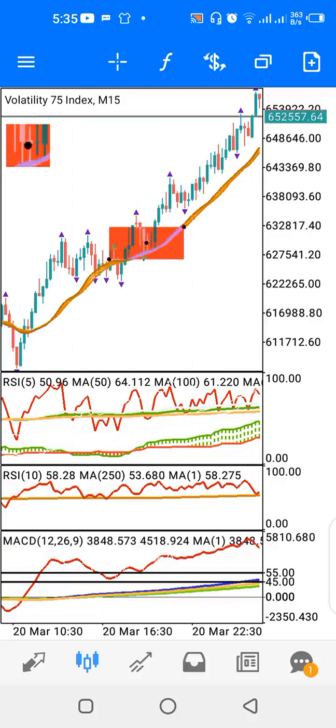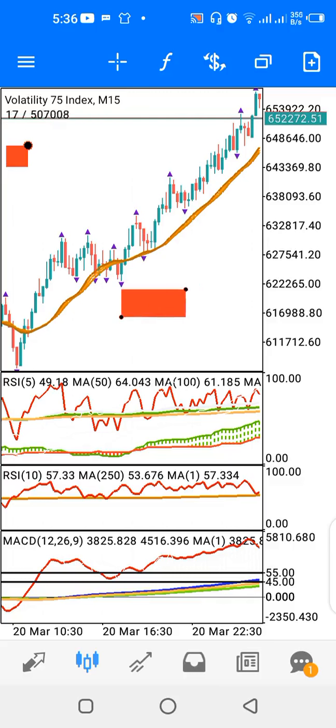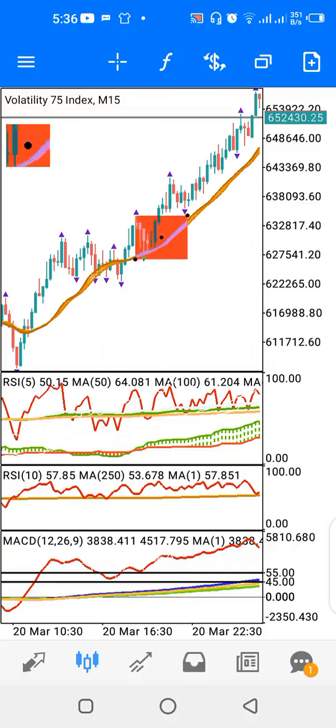Okay, if it's above, it must be 3 bullish candle close. Like if you look at this point, you have 2 bullish candle close, but the 3rd bullish candle close is around here. So you take your trade on the 3rd bullish candle close.